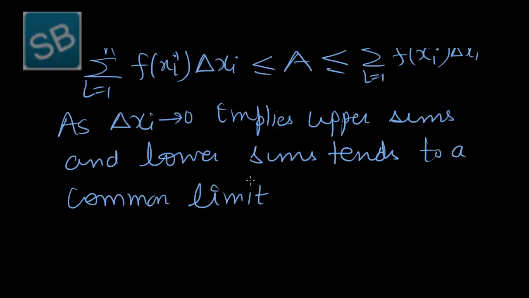Because the function is continuous. If a function is continuous, then the limit exists. Then the upper limit is equal to the lower limit, which is the value of the limit.